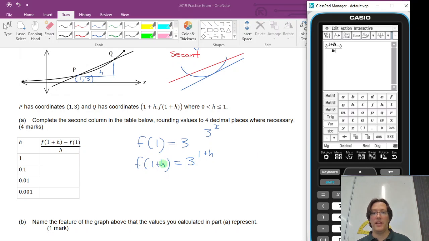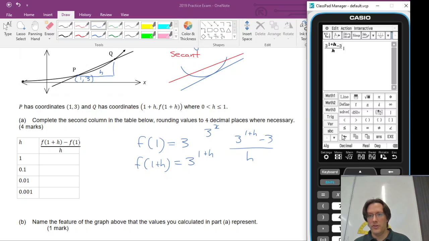I've set that up correctly, and if I want, I can write that in here, 3 to the 1 plus h, take 3 over h. Now if I've set this up correctly, I can save myself a lot of time. I go to Math 3 and do the vertical line. That is our given symbol. So it's given that our variable, you could have done x as well.